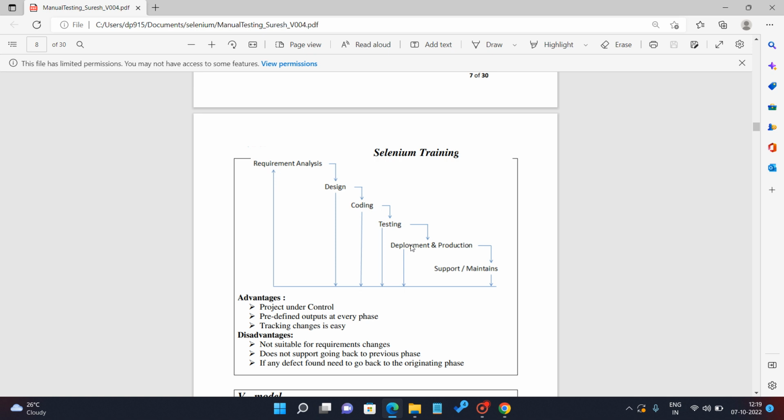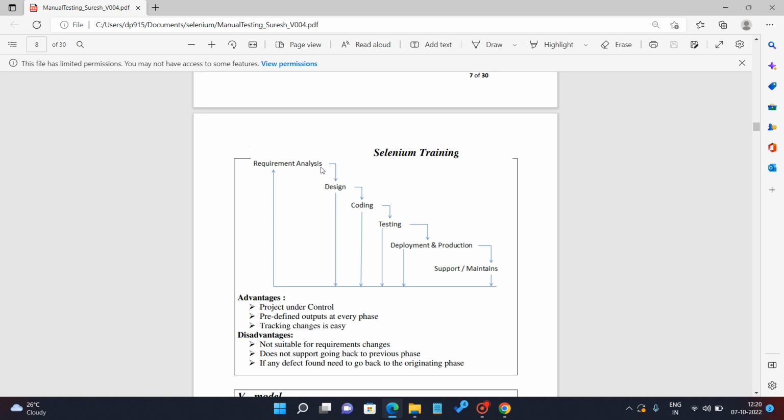But the main drawback is that once a phase has started, it has to be totally completed before the next phase can start. And if any major issue is identified by the coding, testing, or deployment team, we need to start again from the first phase, the requirement analysis phase. These are the main disadvantages.